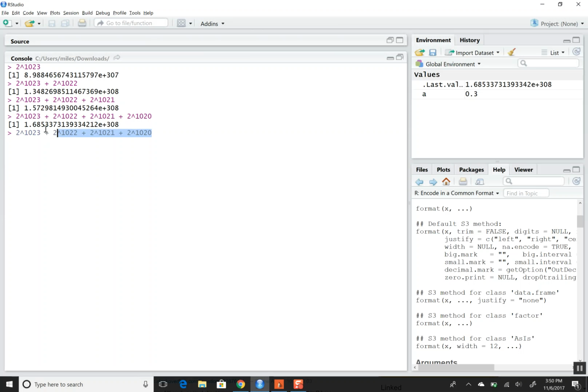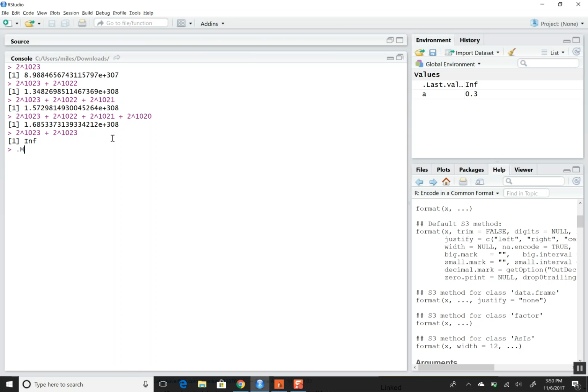But if I cross over and, say, add two of these together, then it says infinity, because it can't handle a number bigger than 1.111 times 2 to the 1023. So that's going to be the largest number we can get.